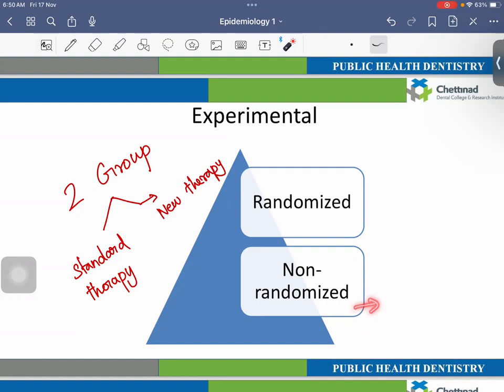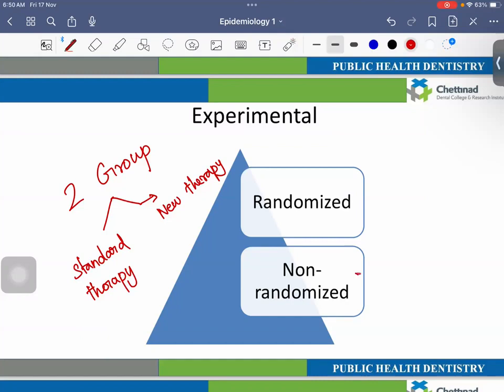When you do not randomize it, or when there is no need for randomization, or when there are special cases where randomization cannot logically happen, you allocate patients naturally to one of the groups. There is no possibility for randomization, or there is no requisite for randomization, or it is unethical to randomize. So in such cases you do not randomize into any of the groups. One group will definitely get the standard therapy, another group will only get the new therapy by default. So such is called a non-randomized design.